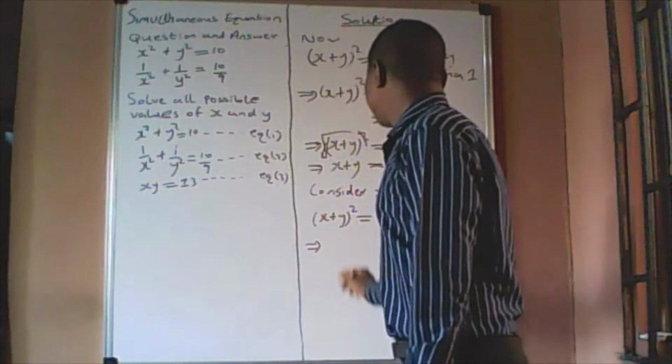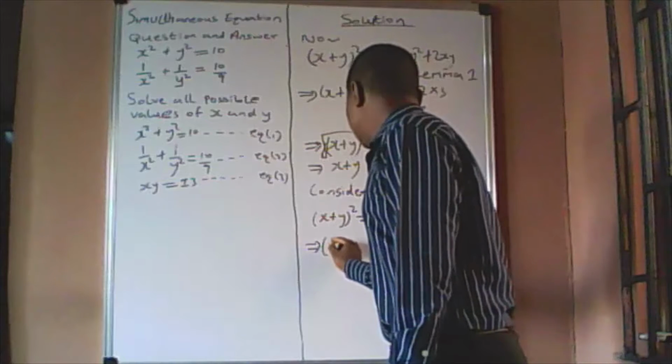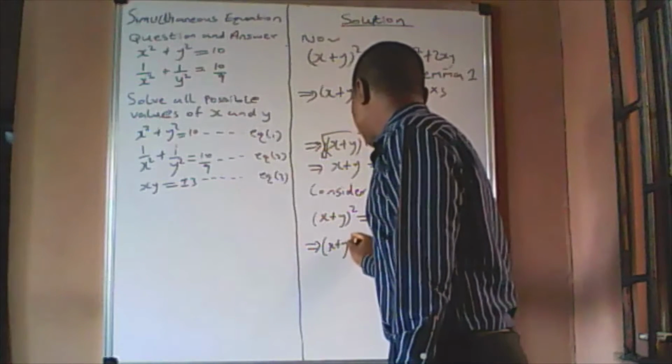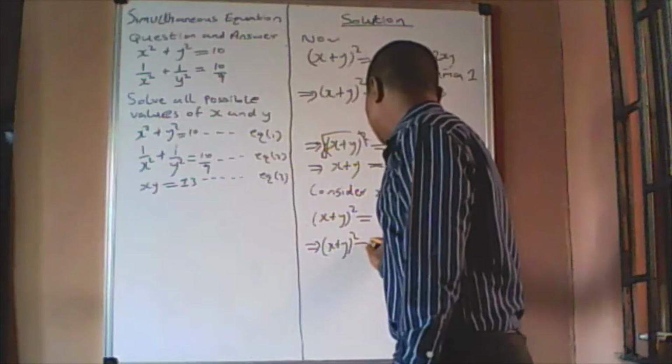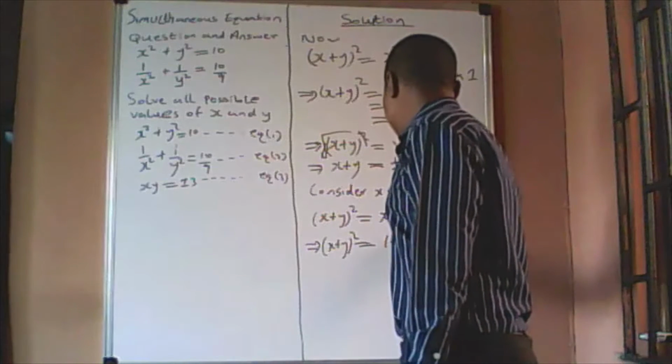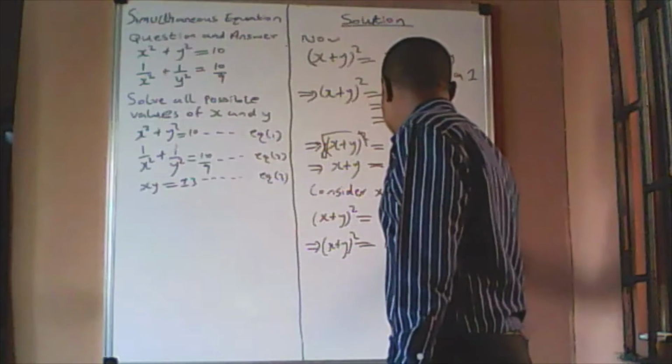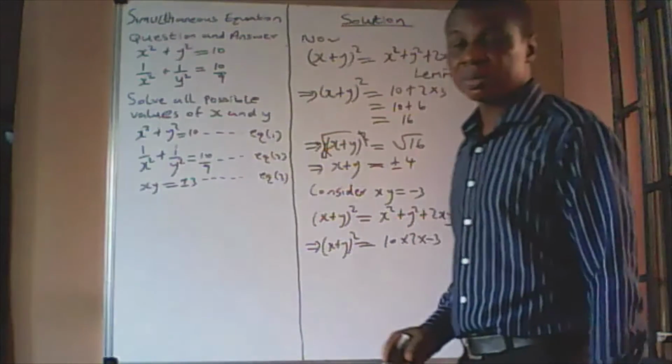It implies (x plus y) all in parentheses power 2 is equal to 10 plus 2 times minus 3.